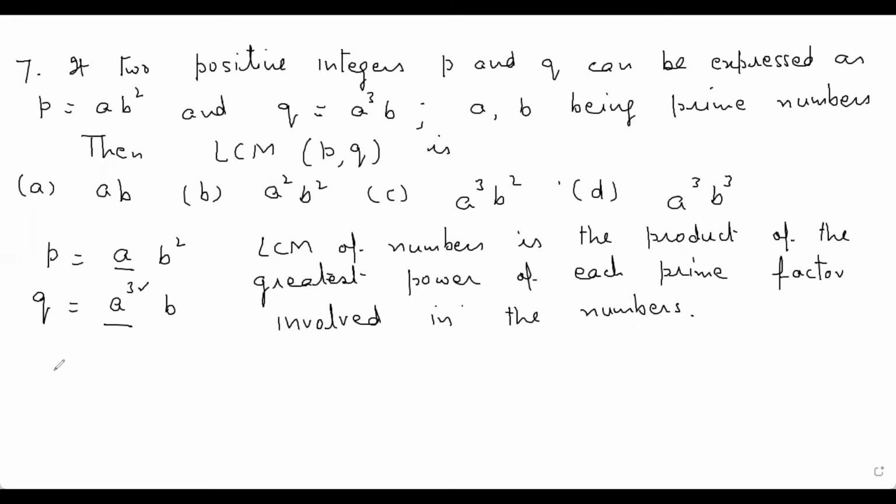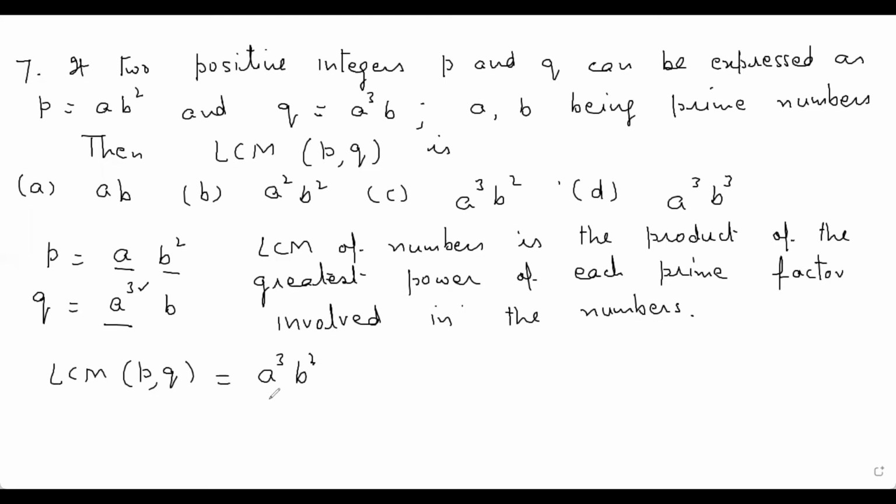So LCM of p and q is equal to a cube, and then b: the greatest power is 2, that is b square. So here I'll write b square.